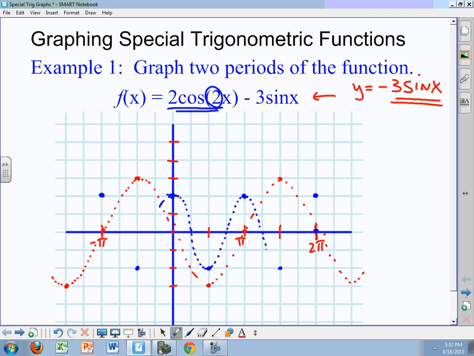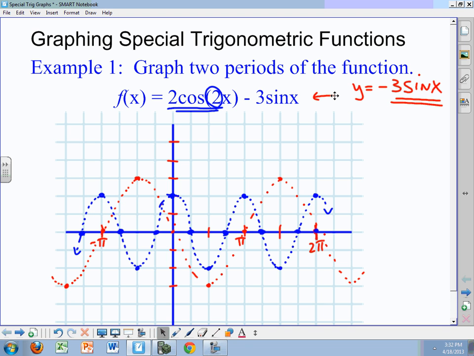And those are critical points for us because we want to be able to see that this graph goes through the x-axis so many times, and that's very helpful because those are going to be nice values that we can plot on the graph.